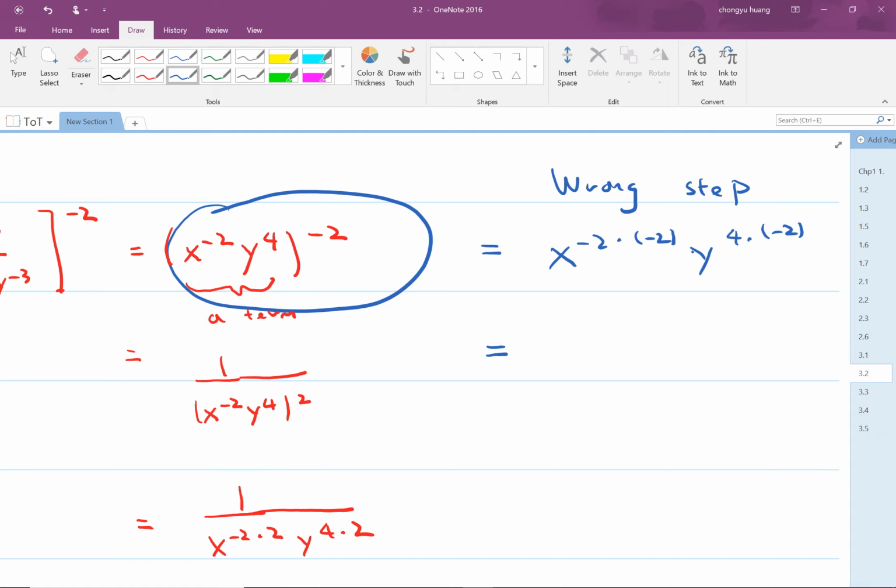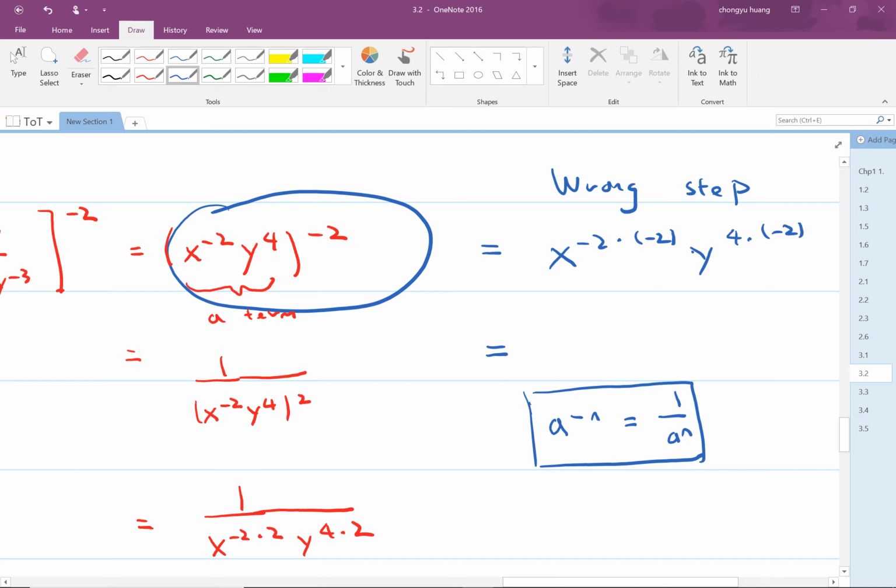Remember how the property always says it before: a to the power negative n is equal to 1 over a to the power n. That's the property, right? So it's always going to be true.